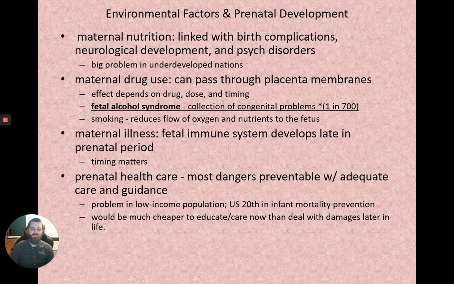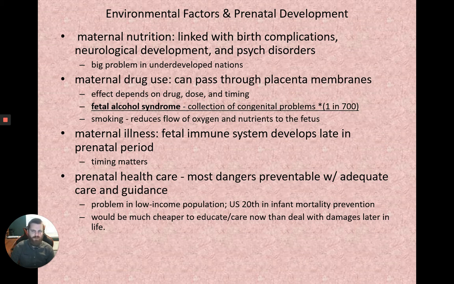And so we actually have one of the largest contributors to intellectual disabilities, FAS, fetal alcohol syndrome, which is a big risk that somebody runs if they use drugs and alcohol in creating a life that's going to be born with congenital problems.